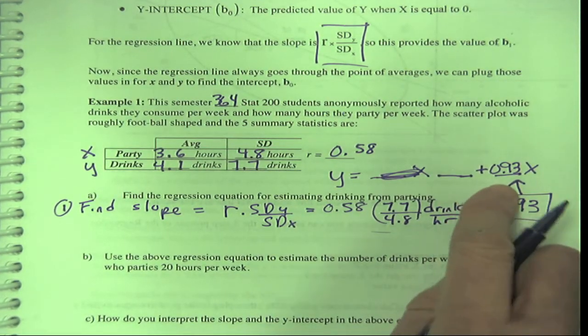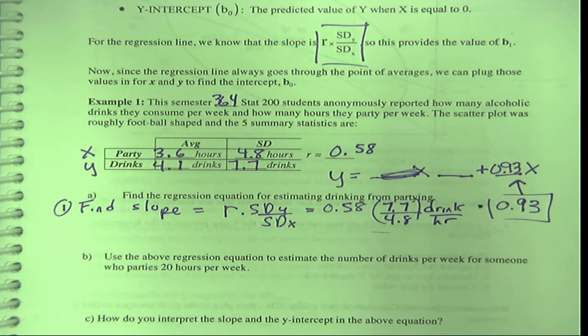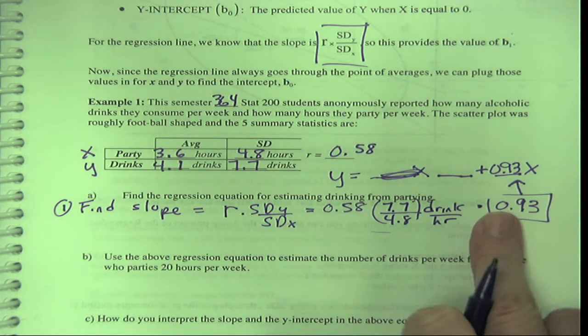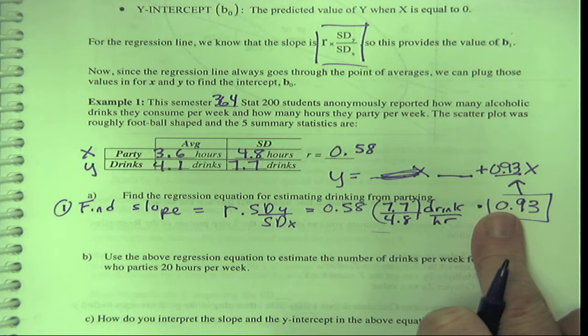So you can think of it as, people on the average drink 0.93 extra drinks for each extra hour of partying. That sounds about right. If you go out partying, about 1 drink an hour, something like that. That's what that means. Now, does everybody understand that? Questions on that?